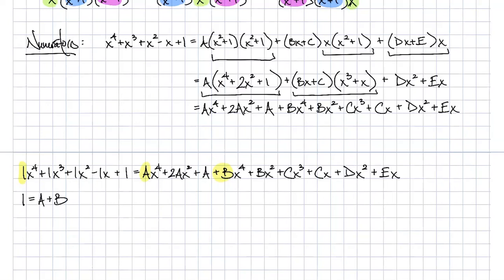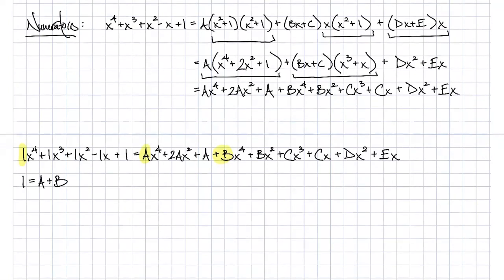Yeah. Okay. So I'm going to keep doing the same thing for every single term. So x cubed, there's one of them on the left-hand side. So 1 is going to equal c. Well, that's nice. 1 equals c. Okay, let's keep going. 1x squared.